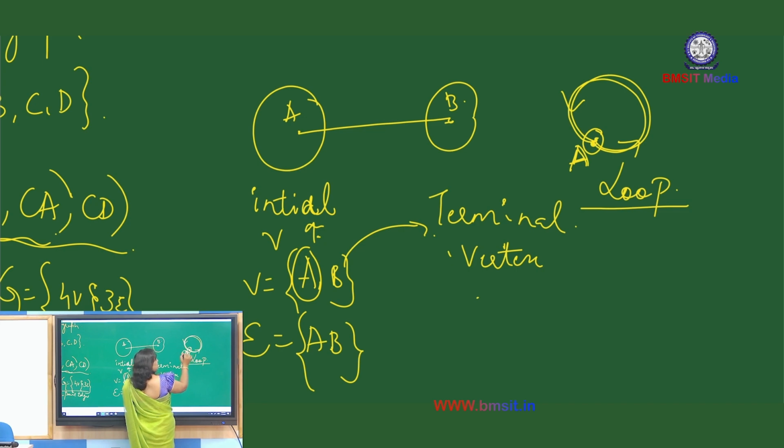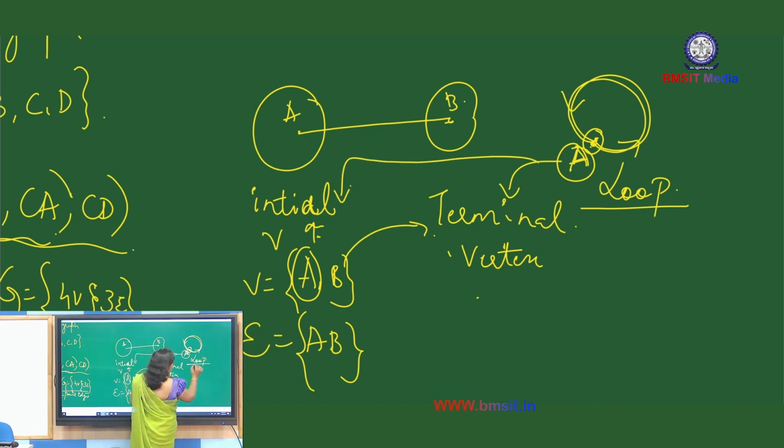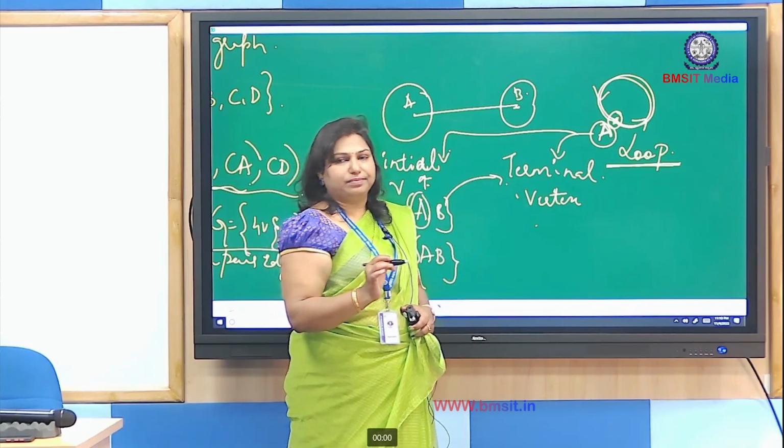So A is both the initial vertex as well as the terminal vertex. I can call such a thing a loop.